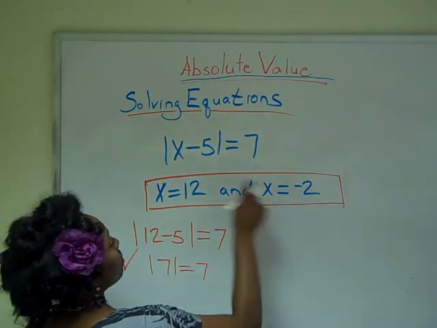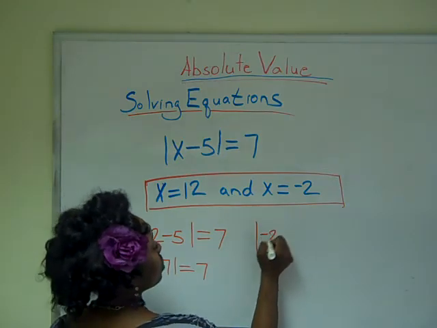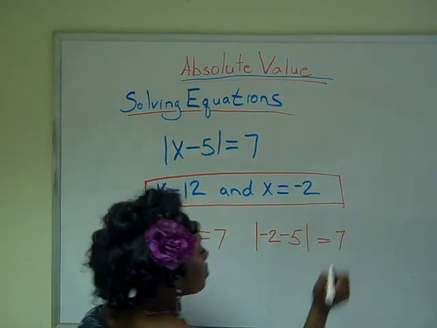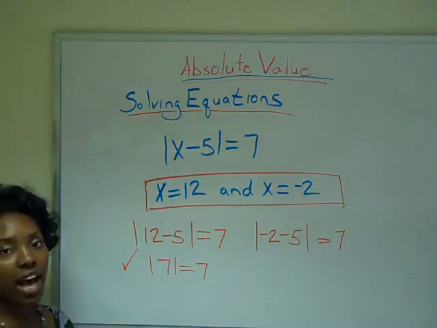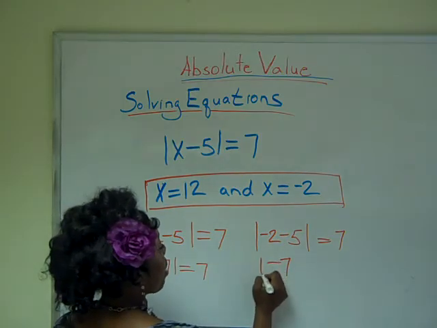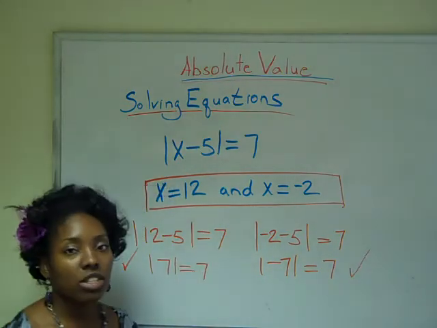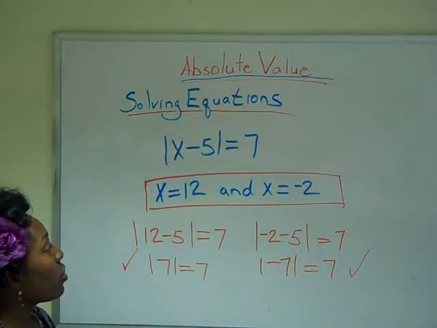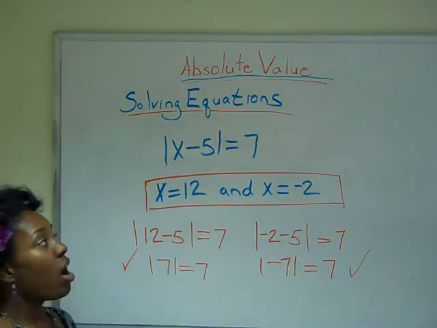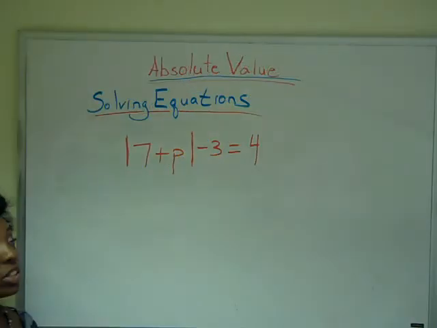When we substitute -2 in for x, we get the absolute value of -2 minus 5 equals 7. -2 minus 5 is -7, so we have the absolute value of -7 equals 7. And that's also true. So we know that x equals 12 and x equals -2 are the solutions to our equation.